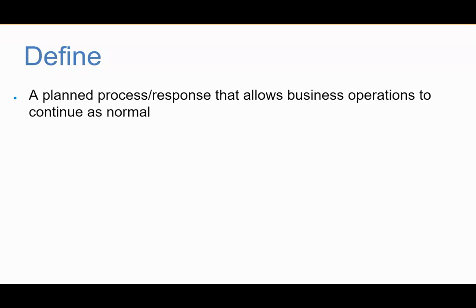If it's an e-commerce company, then their web server and web platforms are going to be essential for them to continue as normal, or they're not going to be getting any money in. If it's a bank, the banking services will need to be prioritised as a critical operation. So this is an important step.